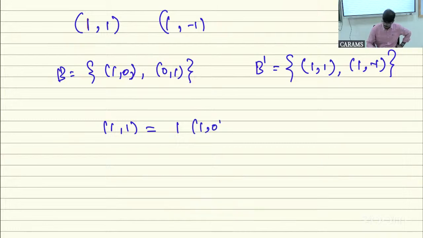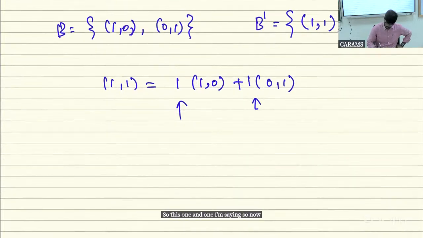1 into 1, comma 0 plus 1 into 0, comma. So this 1 and 1 I'm saying. So now this 1, comma 1, and similarly 1, comma minus 1, right?